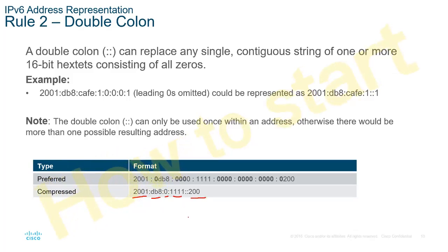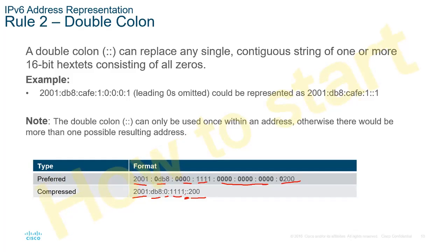And the 8th hextet is that 200 number. So that means the remaining 3 hextets in that double colon are all zeros. Again, this is 8 groups of hextets. So 1, 2, 3, 4, and we had that one. So that meant the remaining 3 hextets of all zeros were replaced by that double colon.